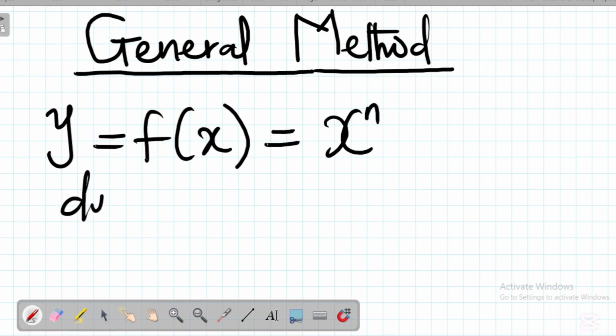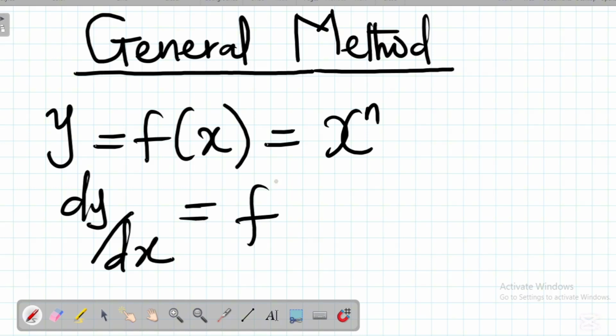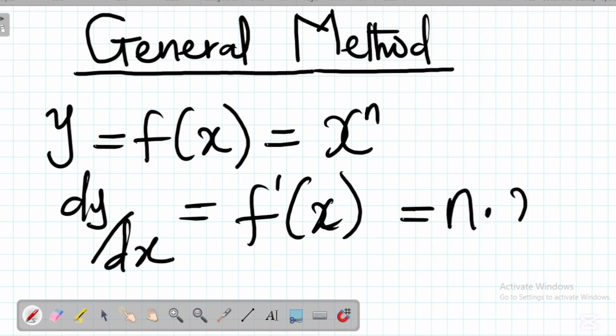So if you differentiate y with respect to x, this is how the general method works. You multiply x by the power and then subtract 1 from the power. So here we have n multiplied by x raised to power n minus 1.